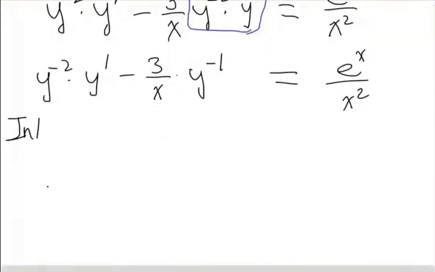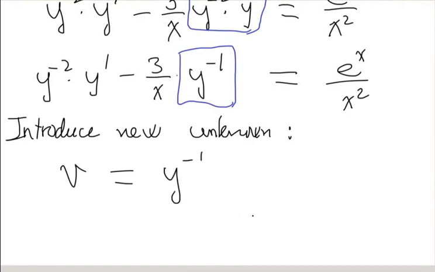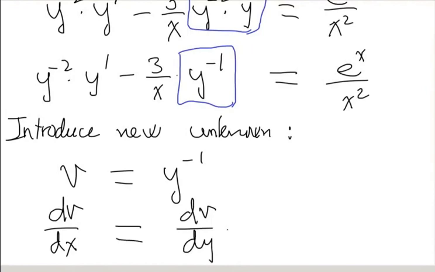Now we introduce a new unknown, v, equal to whatever power of y we have in the previous step, which is y to the -1. And then we compute the derivative dv dx using the chain rule. dv dx is dv dy times dy dx.